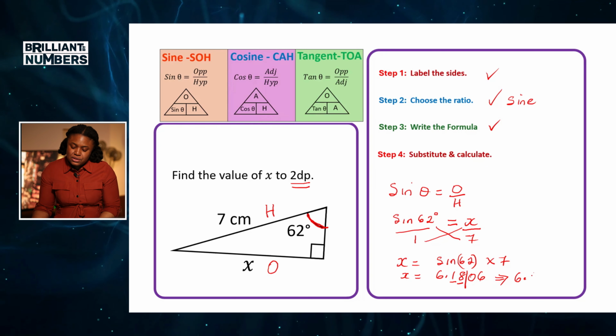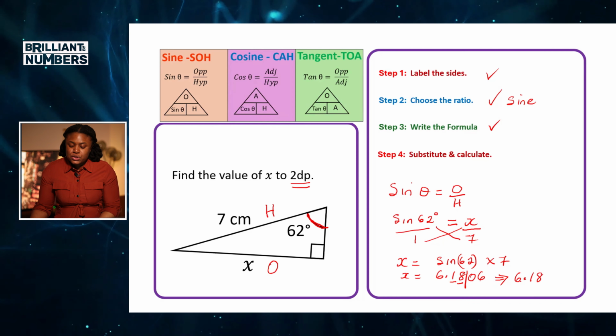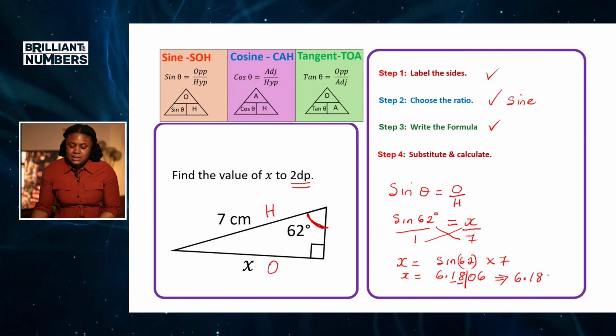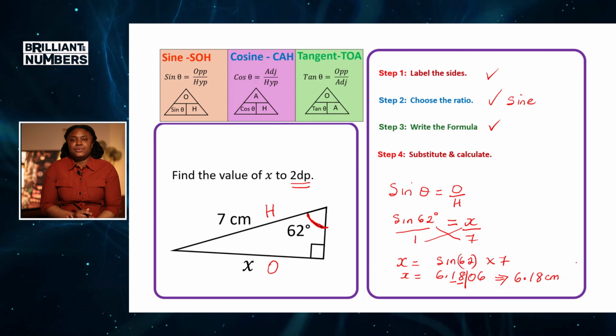Please note as well, rounding down does not mean dropping off the numbers. It simply means write the number as it is without adding or subtracting anything. So here, the final answer is 6.18 centimeters, that is my unit.